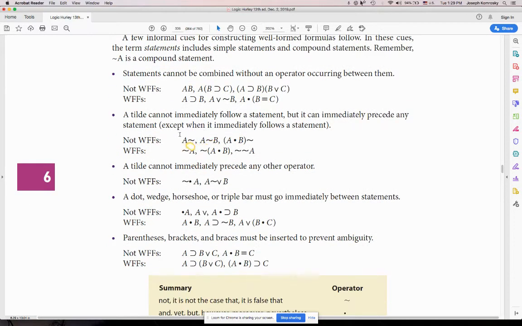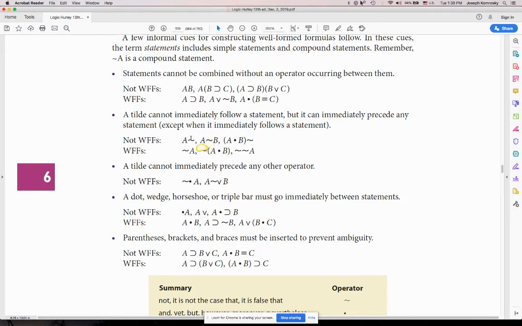What about this? On this one, the not well formed, you cannot have a negation after a letter. You have to have it before. So bad, good. What about this? A negation B. No. Turns out you can have an A and another operator like an A dot or an A horseshoe, not B, but you can't have just a not.